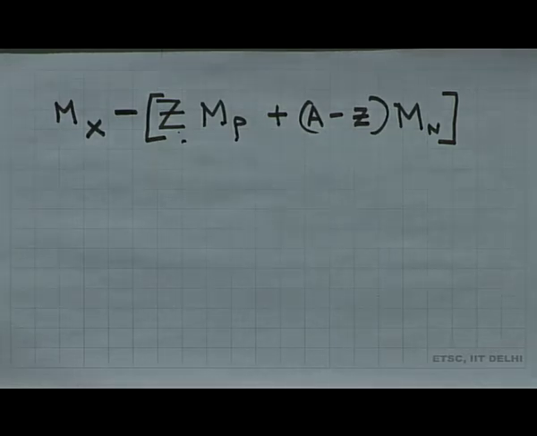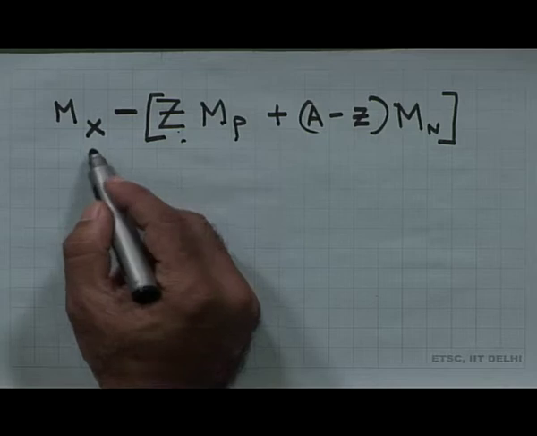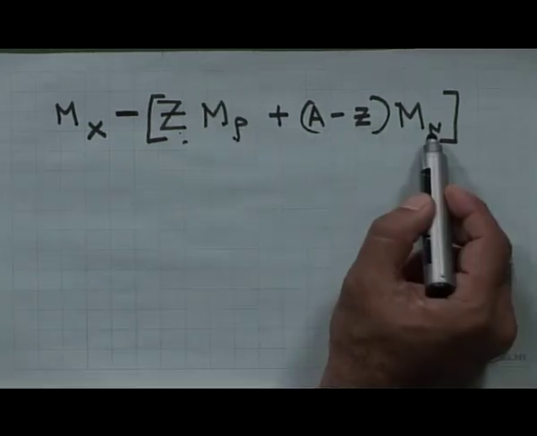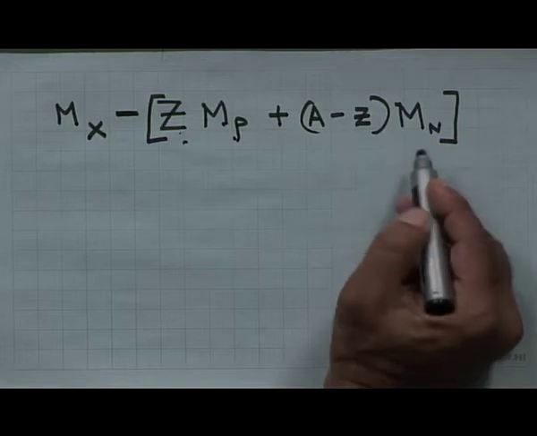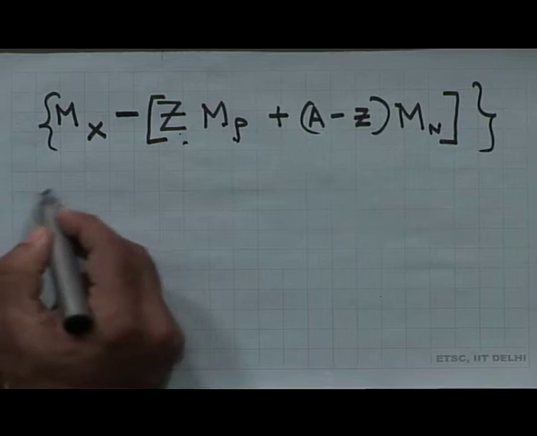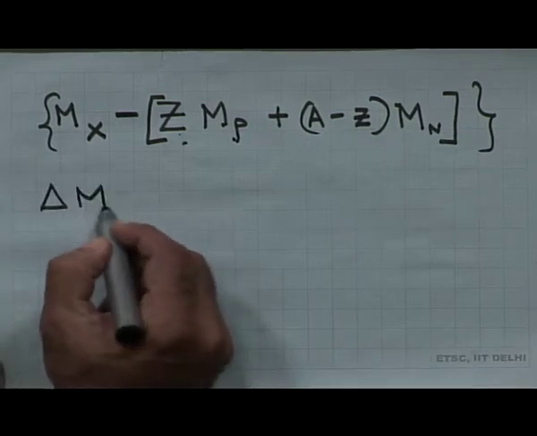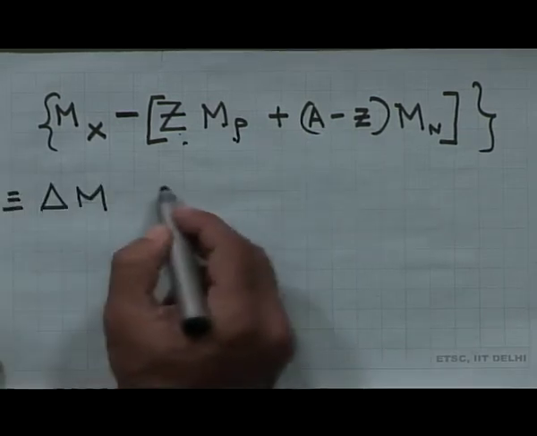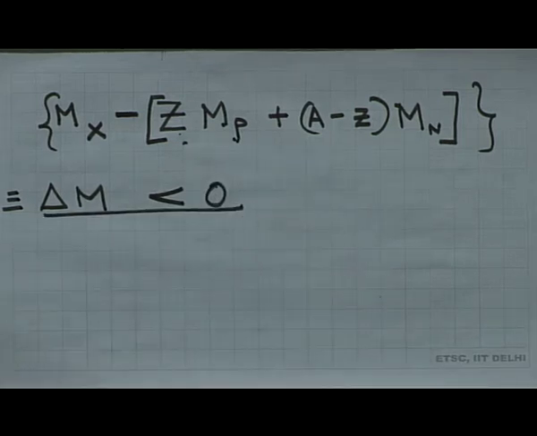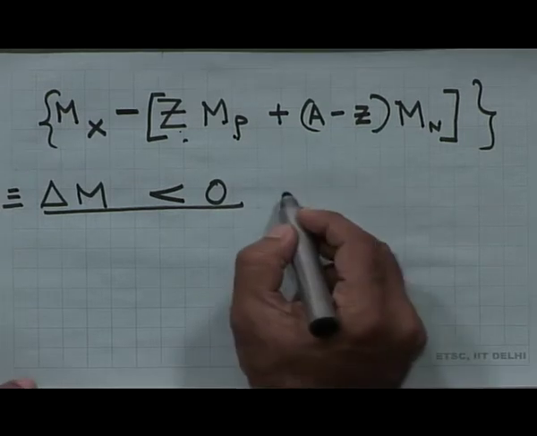I say that this nucleus is bound because I have to supply energy in order to remove the protons and neutrons. So what does it mean? If I look at this quantity and I call it delta m, this must be less than 0. Now we are not speaking of mass, but of energy, so I should modify that.